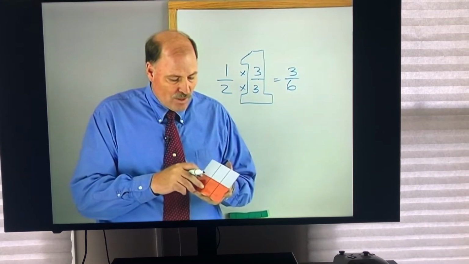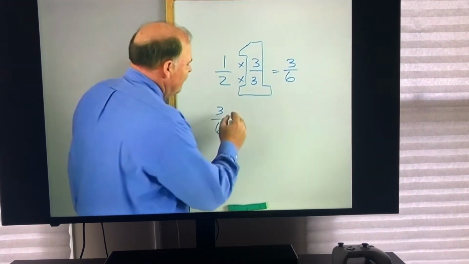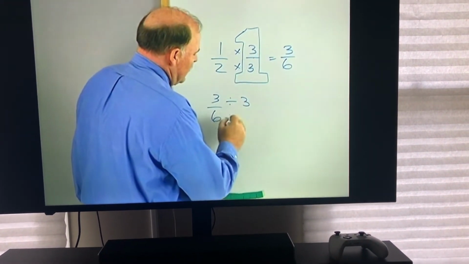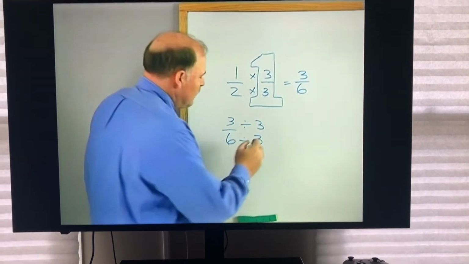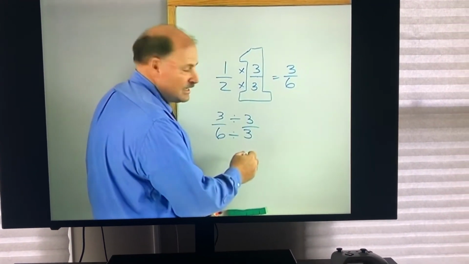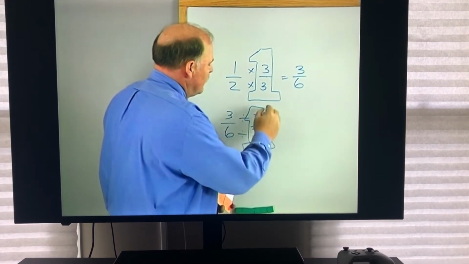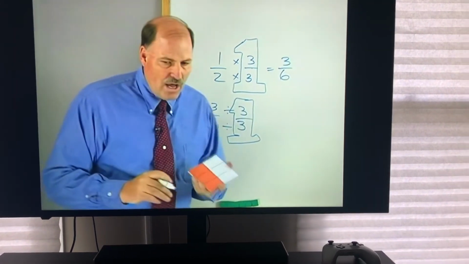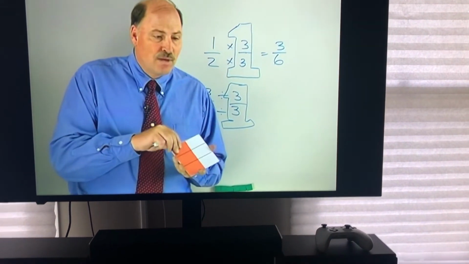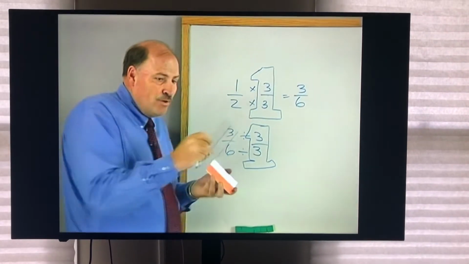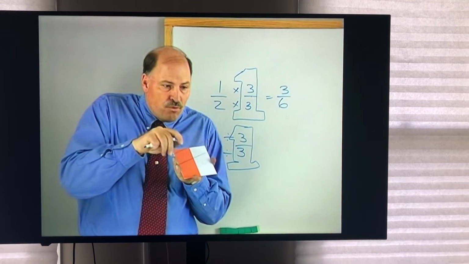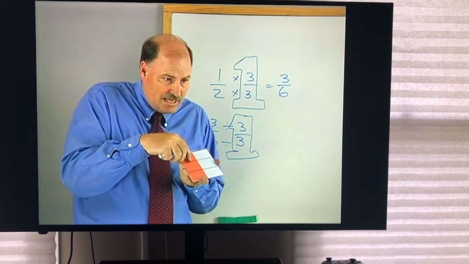Because remember? Now watch what happens. So I can divide them both by 3, right? Because 3 over 3 is the same as 1, right? That's a much lousier 1, but it's still 1, okay? Now here's what happens. In this example, I'm putting on the 3 overlay to make the 3/6.